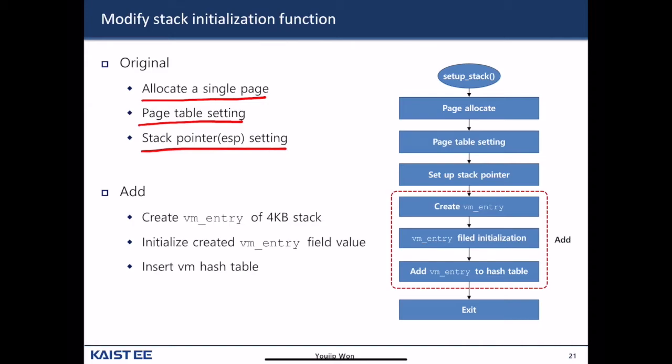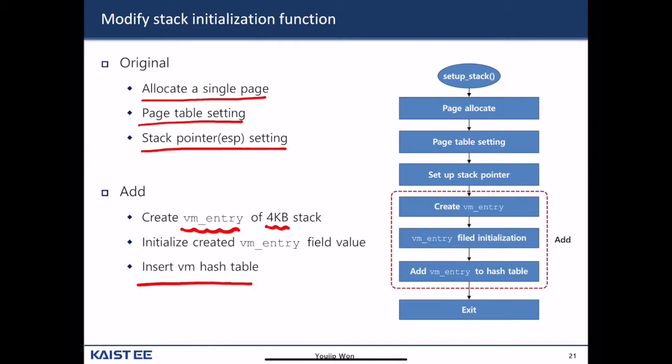But now we are changing the process and making the stack expandable. That is a very important extension to the Pintos process structure. We need to create a VM entry for the 4 kilobyte stack page, initialize the created VM entry fields, and insert it into the VM hash table.